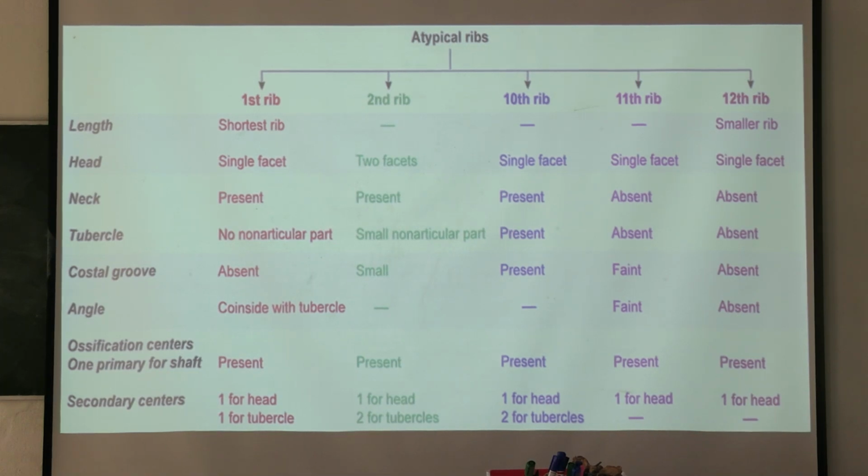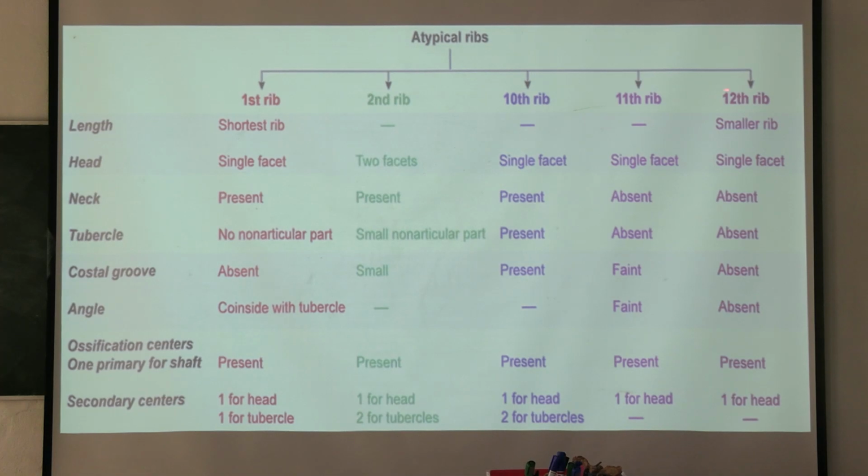All of it is almost similar to the typical rib except the head contains this single facet. And ossification centers: one primary center for the shaft is present, secondary centers one for the head, two for the tubercles. Here in the first rib, only one for the tubercle, one for the articular part. Here only the articular part is present.